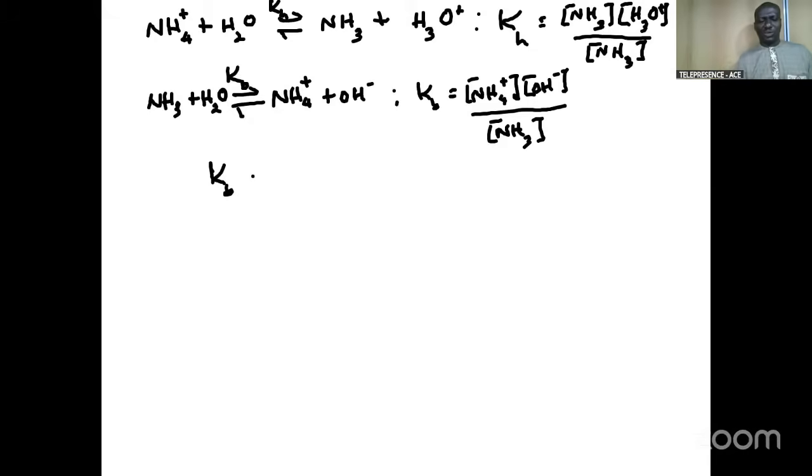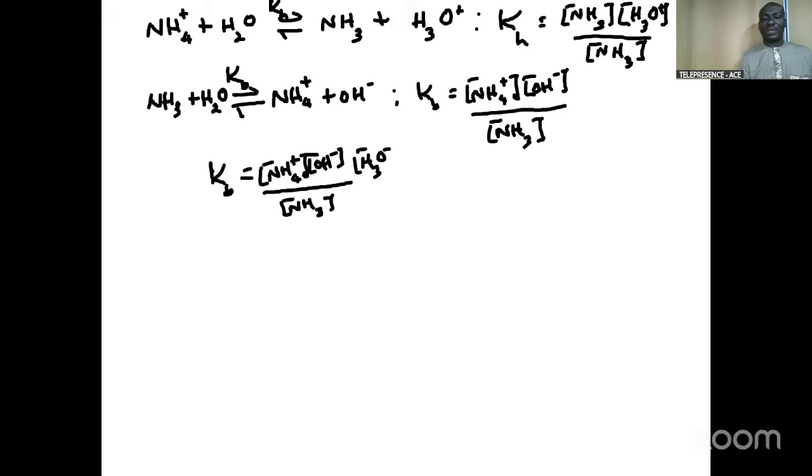Now, Kb is equal to NH4+ times OH- over NH3. I say multiply this numerator by H3O+.